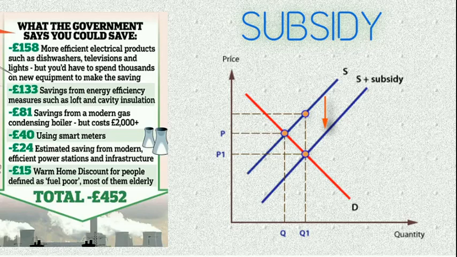Subsidies can be used to decrease the cost of production and incentivize the production of certain items or services such as green electricity.